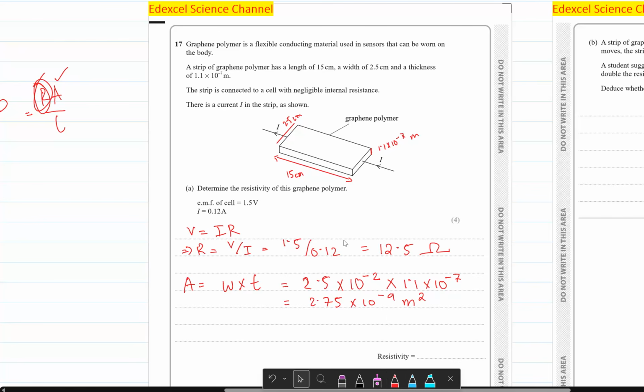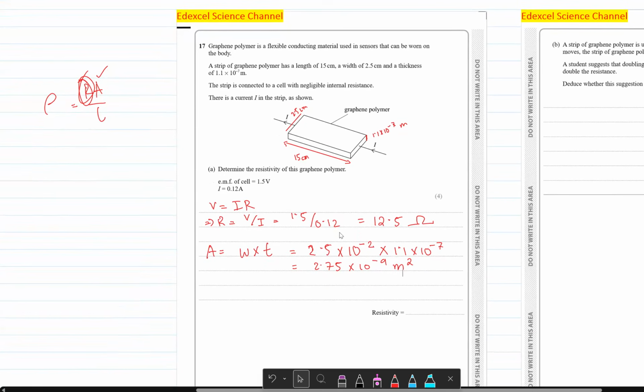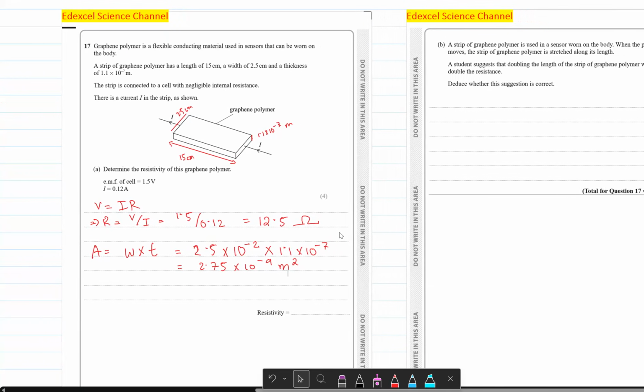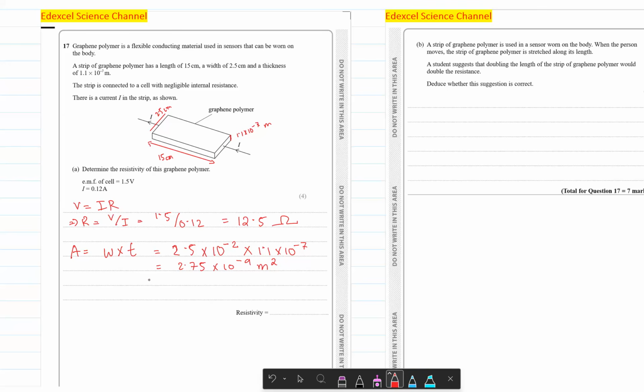So now we have all the information that we require to find out the resistivity. So resistivity is RA divided by L. You can find this in your formula booklet. It's not necessary that you remember it. This is a really nice thing about physics, that you don't have to memorize most of the formulas.